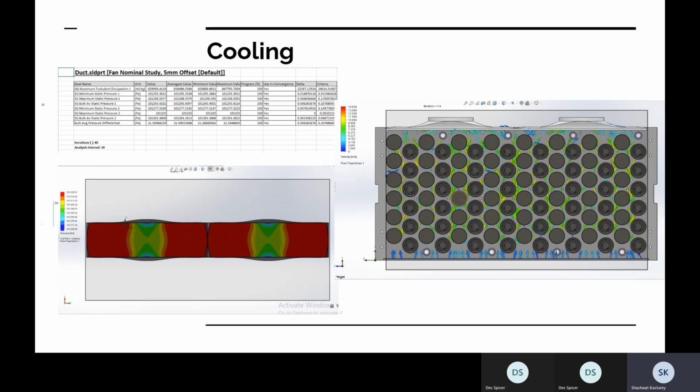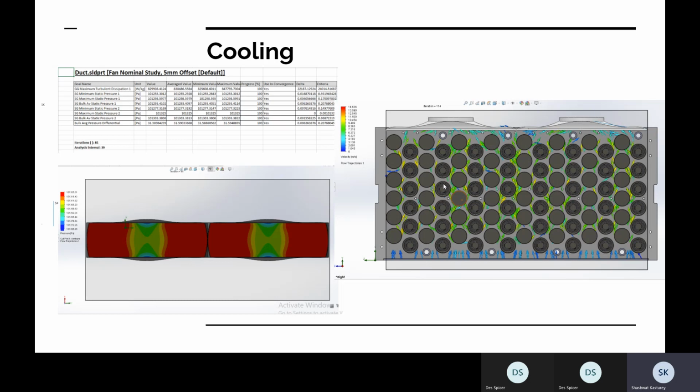I iterated those across a bunch of flow sims to get basically maximum pressure at the inlet of the duct. This is a visualization of the flow sim that I did on the battery pack. As you can tell, the flow is pretty constant. There is not a lot of turbulence through it. It's fairly laminar.